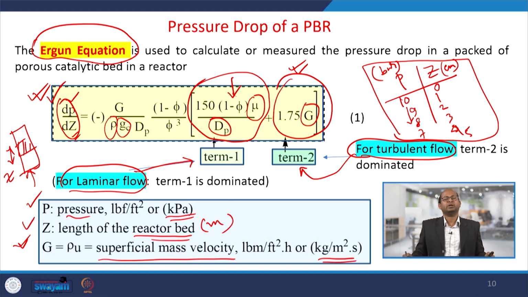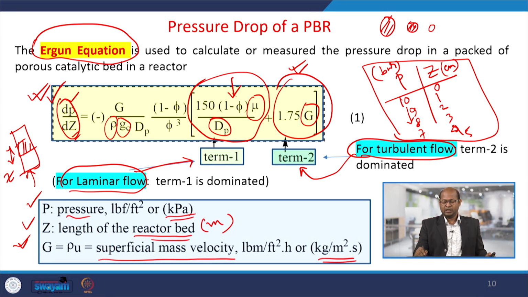So, depending upon the nature of the flow, either turbulent or laminar, or both, we can keep both terms in general cases. It also depends on the sizes of the catalyst particles you have taken inside the bed. The flow, whether laminar or turbulent, is affected by the catalyst particles.